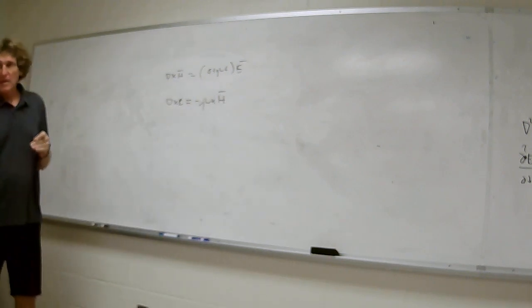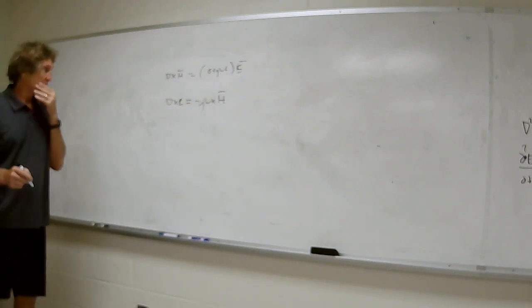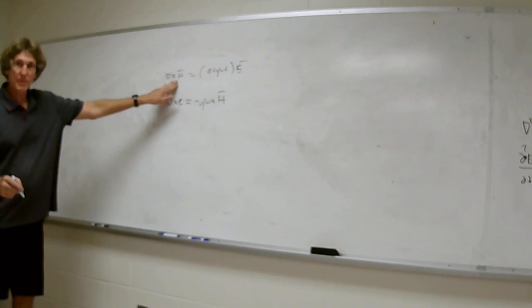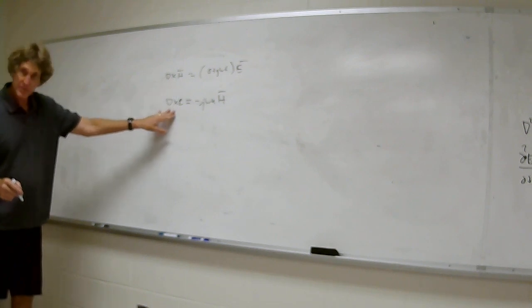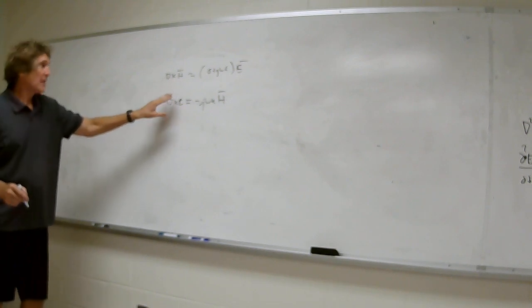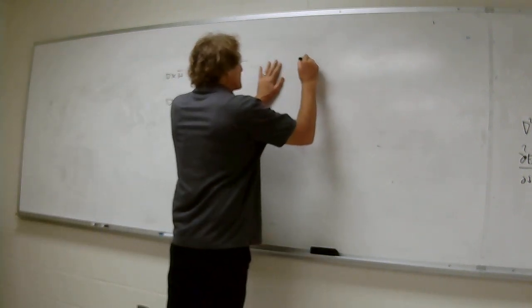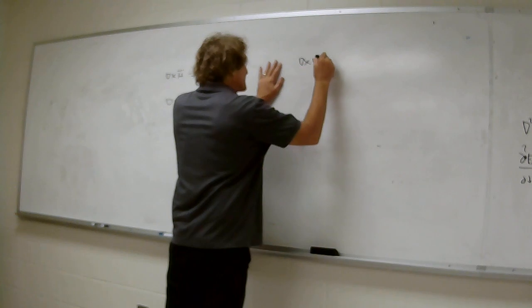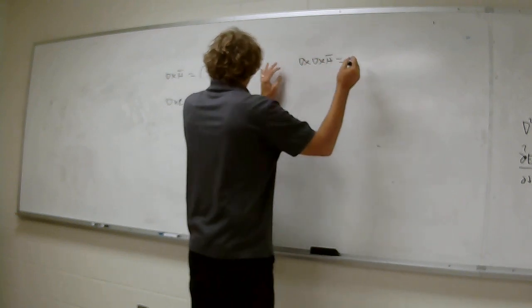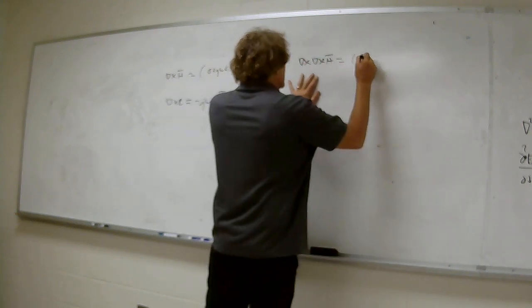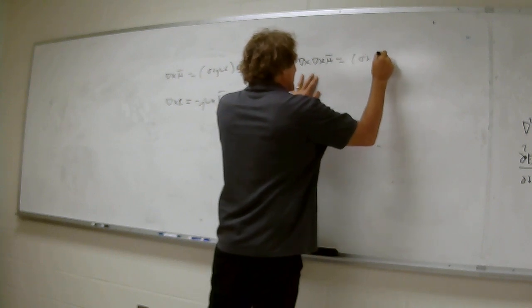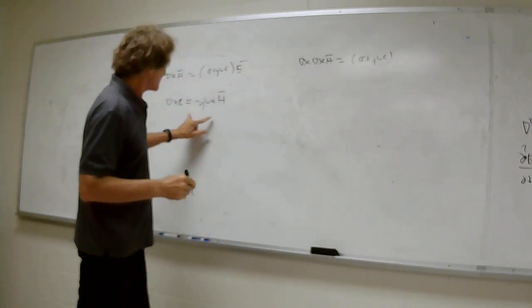Now, a thing you can do is take another curl of this one. We took a double curl of this, and we got an equation just for E. If we take another curl of this one, we'll get curl curl of H equal to sigma plus j omega epsilon times curl of E, which is this.